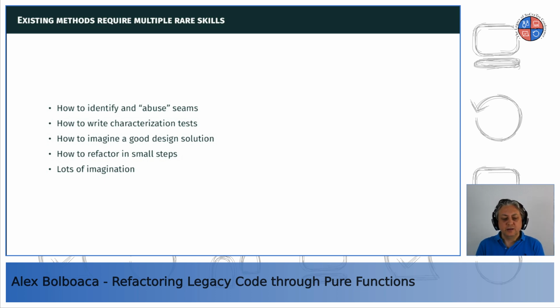I wrote here a list: how to identify and abuse seams, how to write characterization tests, and so on. But from my perspective, the biggest problem is a problem of imagination, because whenever you deal with legacy code, you need to figure out strange ways of abusing seams. And this is probably the hardest thing to do, because you need a lot of imagination to figure out in some context how to do it.